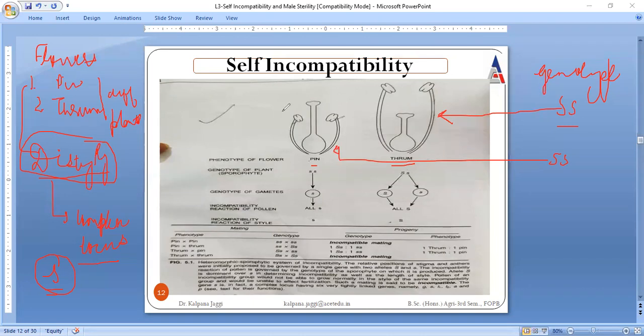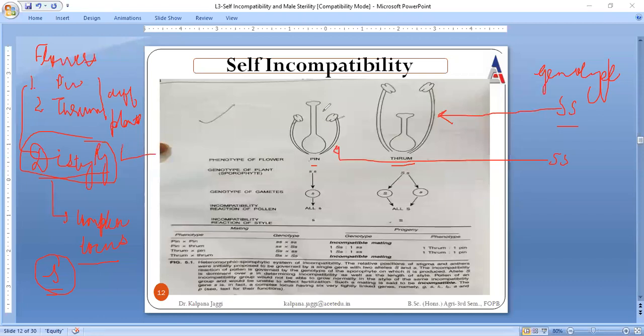These two flowers are of different incompatibility, and as a result their morphology is also different. In pin, the style is long and the stamens are short. In the other case, the style is short and the stamens are long. Because style length varies in both cases, we call this situation distyly.